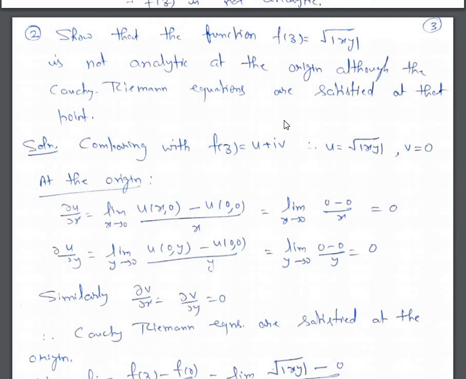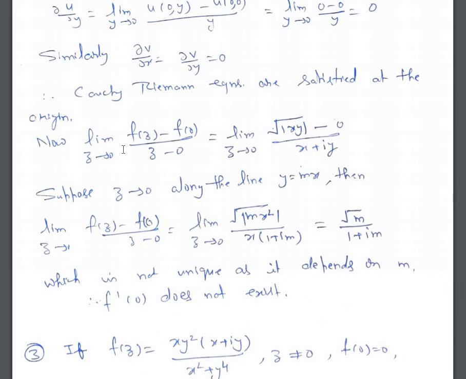Now in the second part we have to show that this is not analytic at the origin. For that we take the limit as z tends to 0 of [f(z) minus f(0)] upon (z minus 0). f(z) is the square root of |xy|, f(0) is 0, and in place of z we substitute x plus iy.